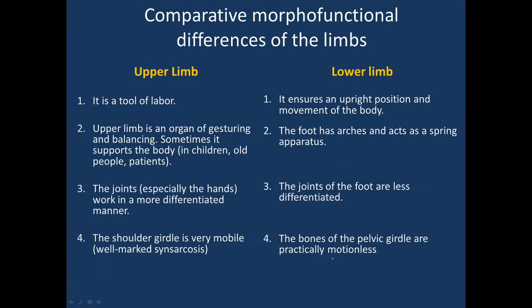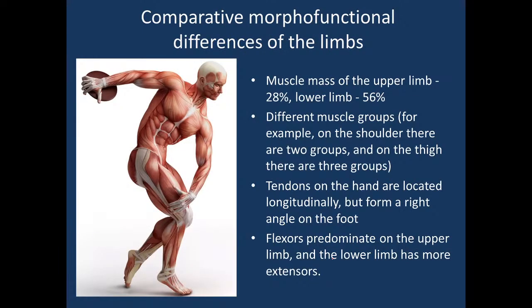So those were the morphofunctional differences of the upper and lower limb. Morphofunctional differences of the limb are also visible in this picture.